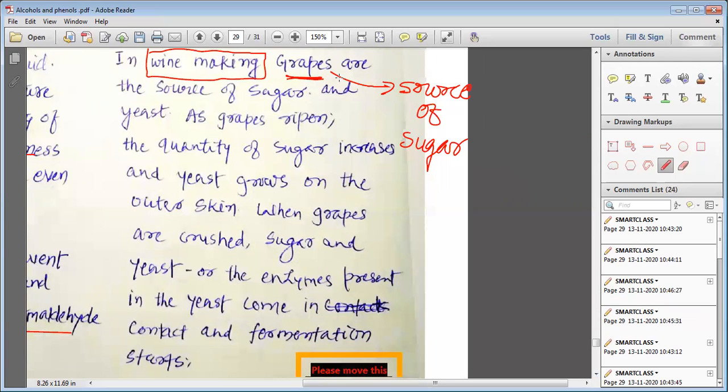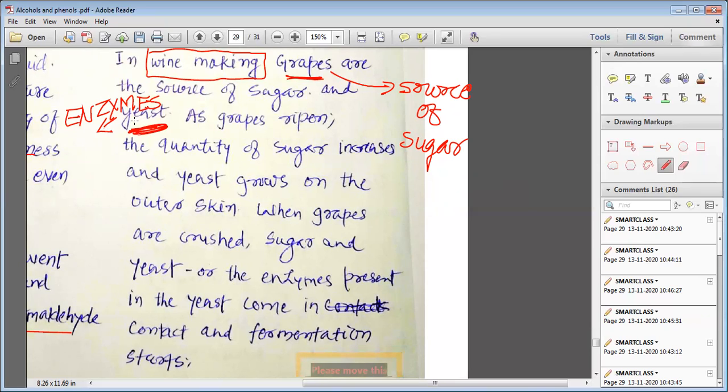Grapes are the source of sugar, and yeast, as we have just seen, provides us the enzymes for the reaction. The two enzymes needed are invertase and zymase.